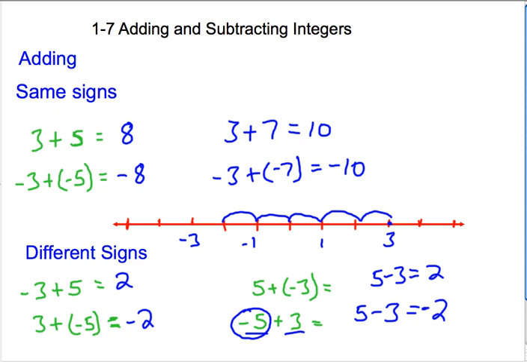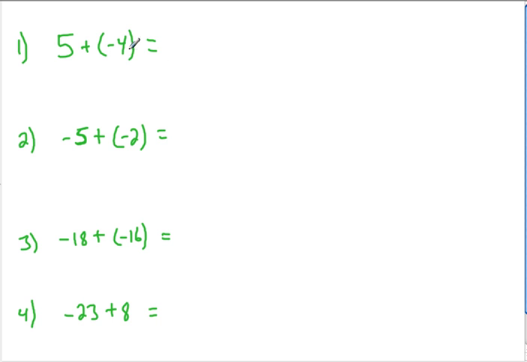Let's do some more practice with that. So 5 plus negative 4, you're starting over at 5 on the number line, and then you're taking away 4. So you're starting at 5, and you go back to 4, 3, 2, 1. So you don't quite make it back to 0 because the absolute value of 5 is bigger than the absolute value of 4. So you're doing 5 minus 4 equals 1, and it's positive.